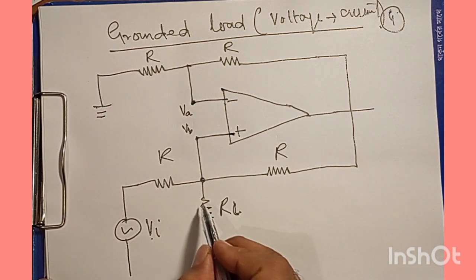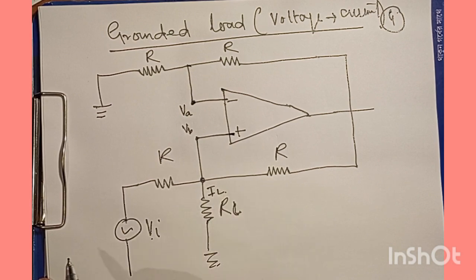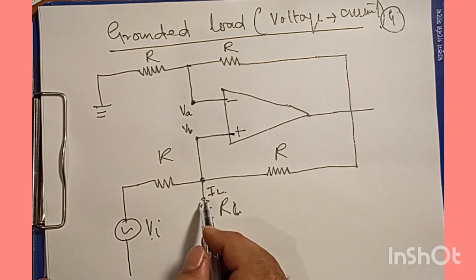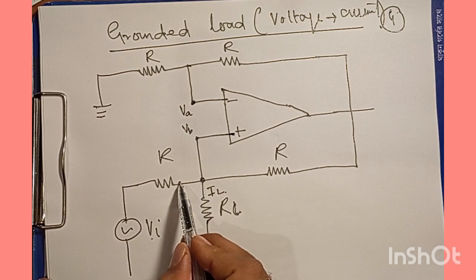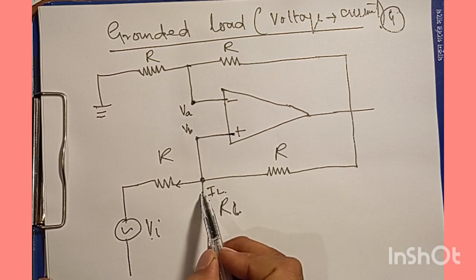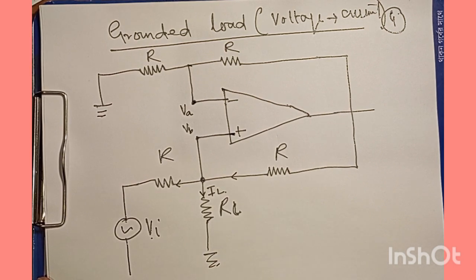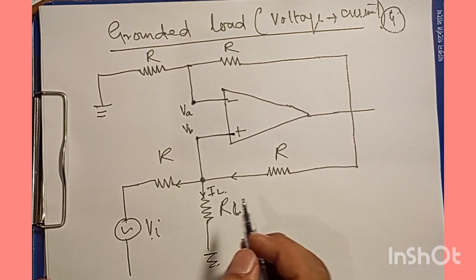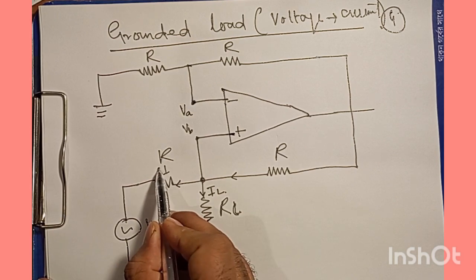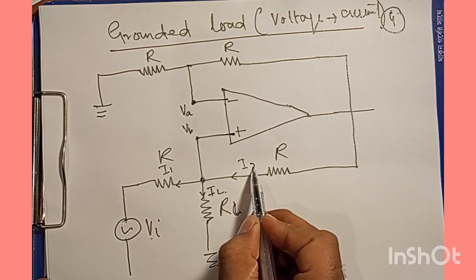Now if I have the current here, IL, so here the current flowing is IL, and here I will take the current in this direction, right? So suppose this current is I1, and this current is I2.